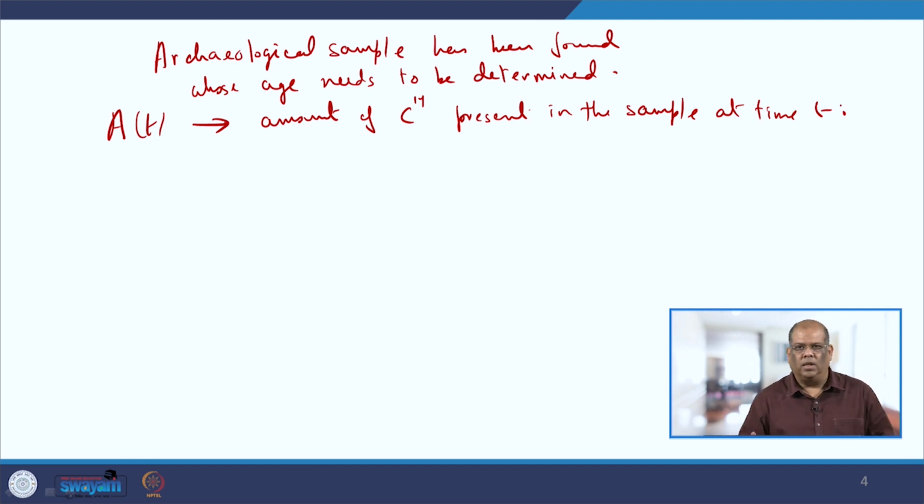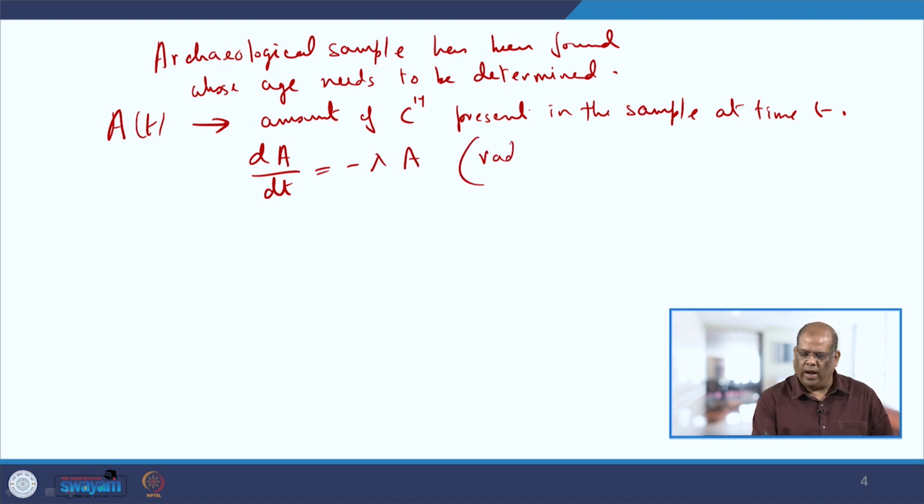Please remember that when the thing is living, there is no problem, but when it is dead, this carbon 14 starts disintegrating or leaving the body. The differential equation which follows is dA/dt equal to minus lambda times A, and we call it the radioactive decay law.